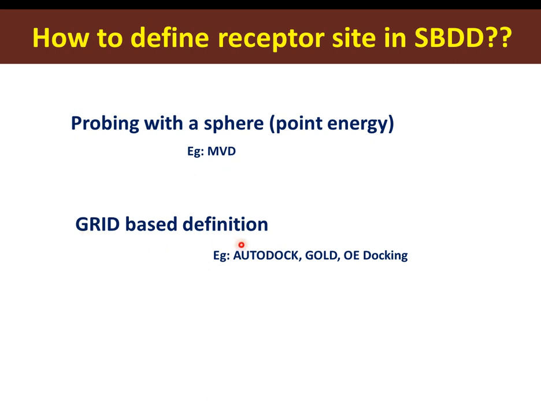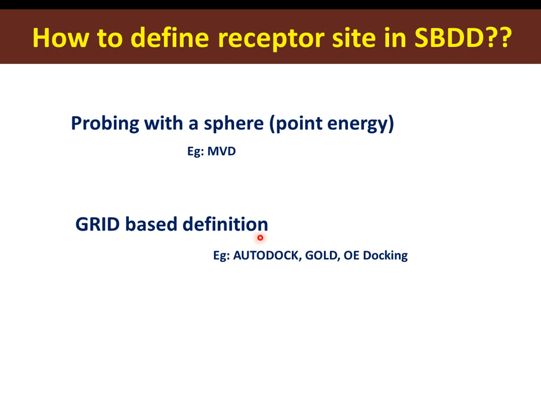The next one is grid-based definition, meaning the entire region is kept in a grid box, and the search space is limited to only that grid box. Other methods are also there where software can recognize the ligand present in the active pocket, so that the region occupied by the ligand can be defined as the receptor pocket. Or we can define a receptor pocket by identifying some of the amino acids present in the catalytic loop or catalytic region.